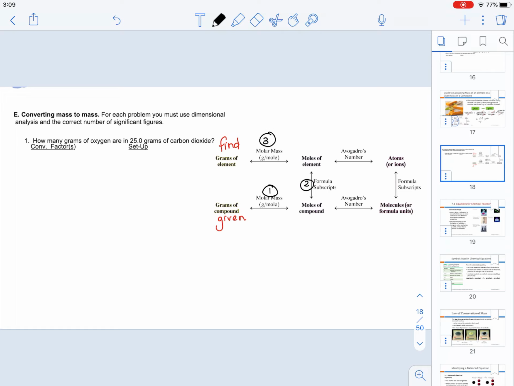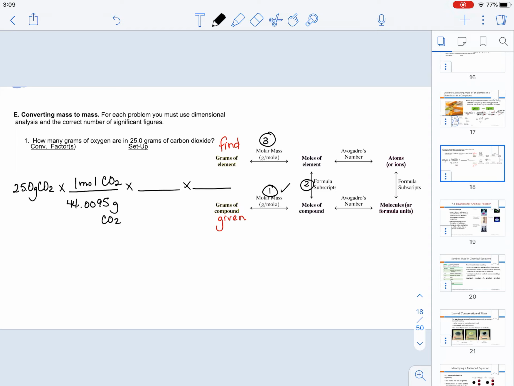So let me just set up the problem. I'm going to write down the number that is given, 25.0 grams of CO2. In the first conversion, I'm going to find the molar mass of CO2, which is 44.0095 grams of CO2 in 1 mole of CO2.